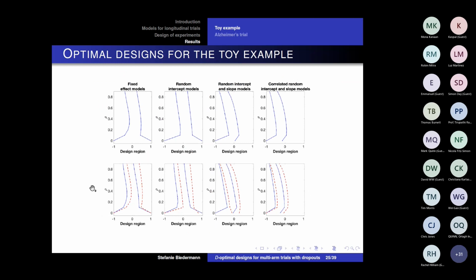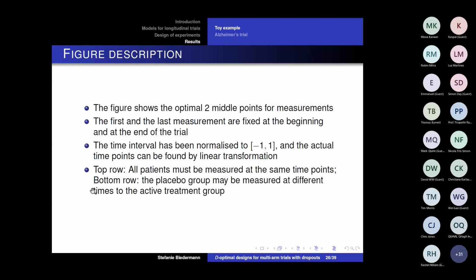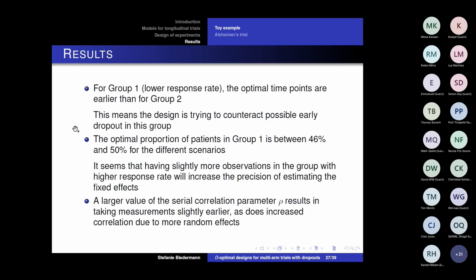And that is nicely reflected here. We can see that the blue lines are further to the left. So these designs want us to take observations earlier on patients who are on the treatment where there's more early dropout. Okay, so that's essentially what's said in this result slide.